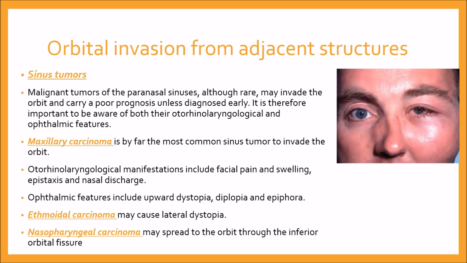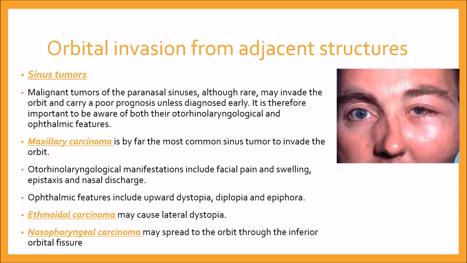Now, another modality is orbital invasion from adjacent structures, which occurs in cases of sinus tumors. Malignant tumors of the paranasal sinuses, although rare, may invade the orbit and carry a poor prognosis unless diagnosed early. It is therefore important to be aware of both their otolaryngological and ophthalmological features.